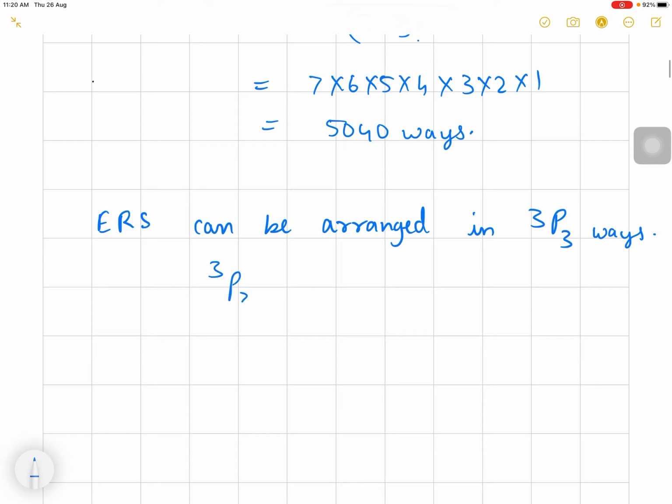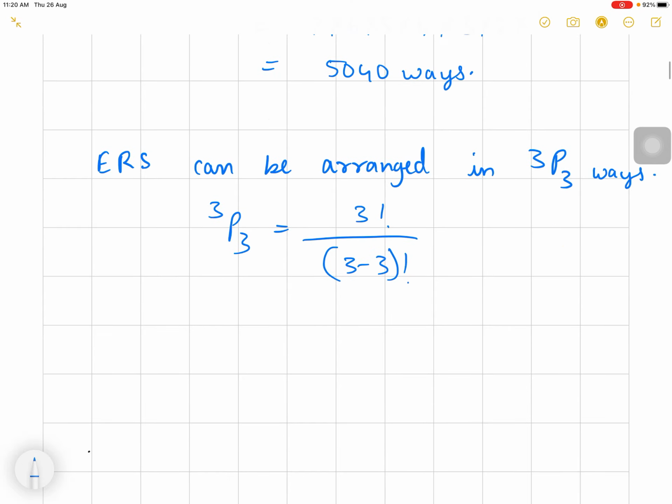So 3P3 is equal to 3 factorial divided by (3 minus 3) factorial. So 3 into 2, which is 6 ways.